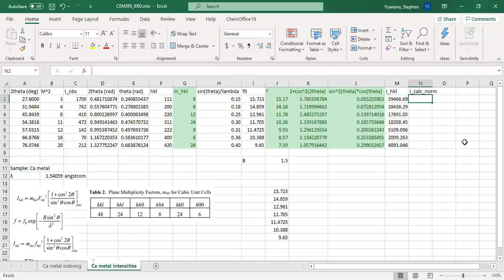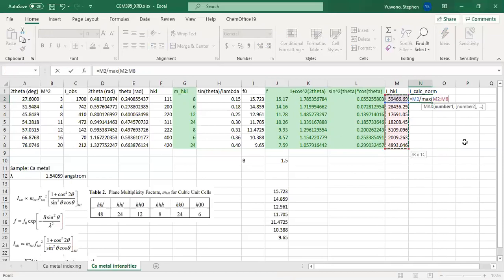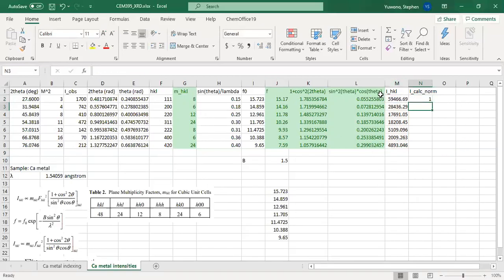Okay. So now it's going to be this divided by the maximum value of the whole range. And again, you can press F4 and it will lock the range that we're interested in. Of course, the first peak is very intense. It's going to be 1, and everything else will be less than 1.